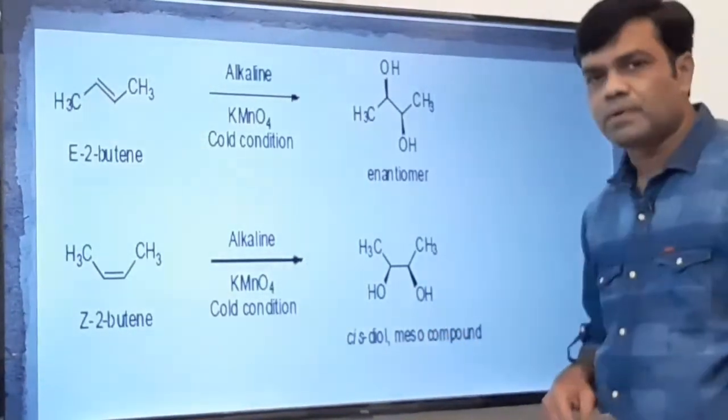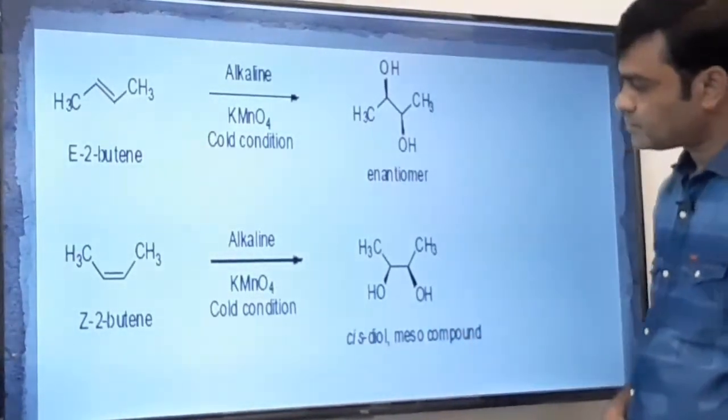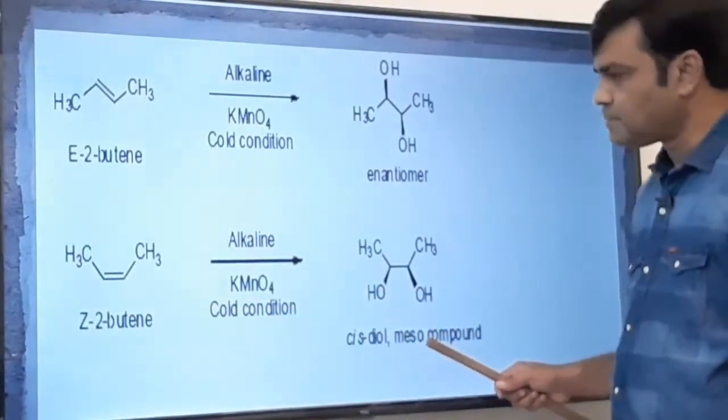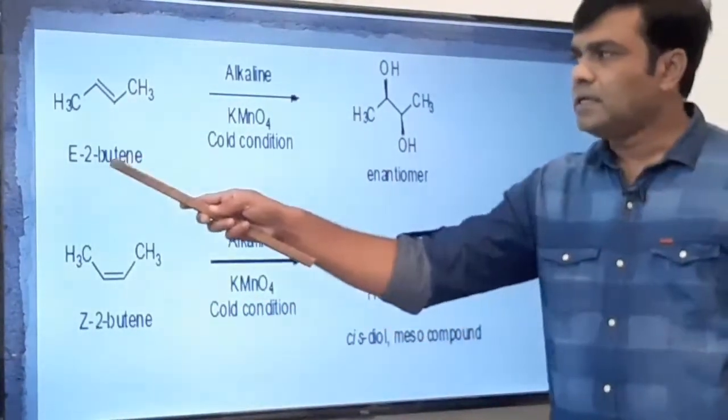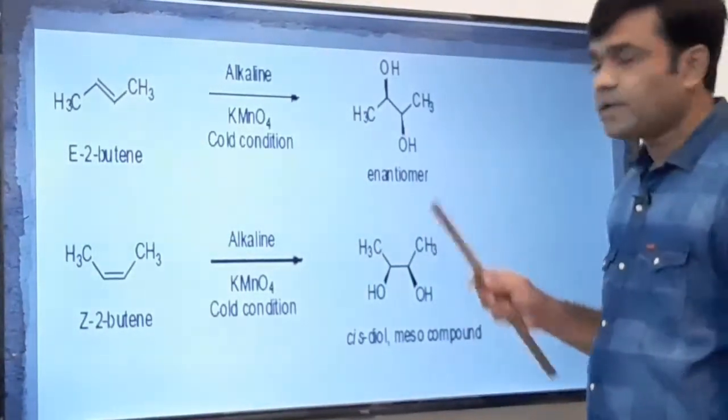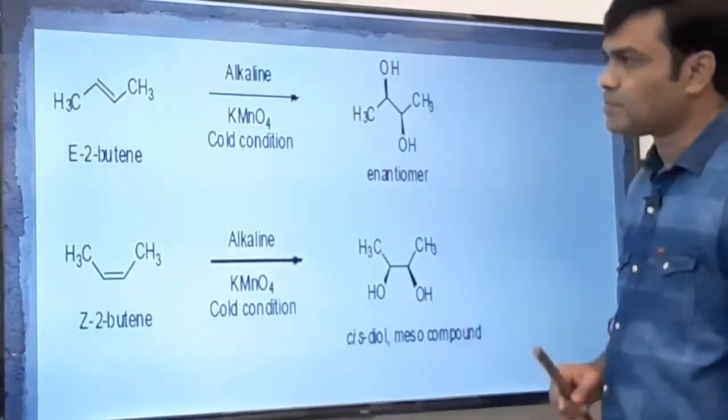This is a meso compound, it is a cis diol. So Z 2-butene, that is the cis form, gives cis diol, that is a meso compound, while the E form of the same compound gives two products, stereochemically two products which are enantiomers of each other.